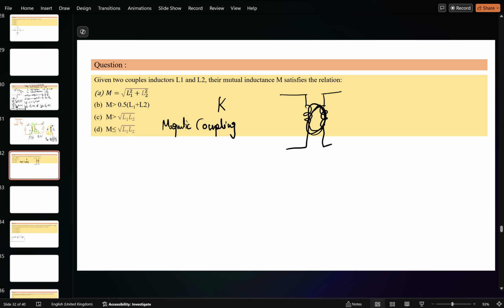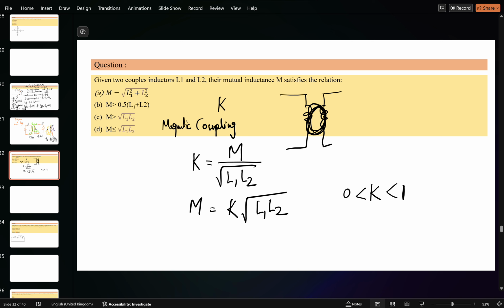That is measured in terms of K. K is basically equal to mutual inductance divided by root of L1 L2. It means the mutual inductance depends upon the K value and the L1 and L2 values as well. The K value usually ranges from 0 to 1.